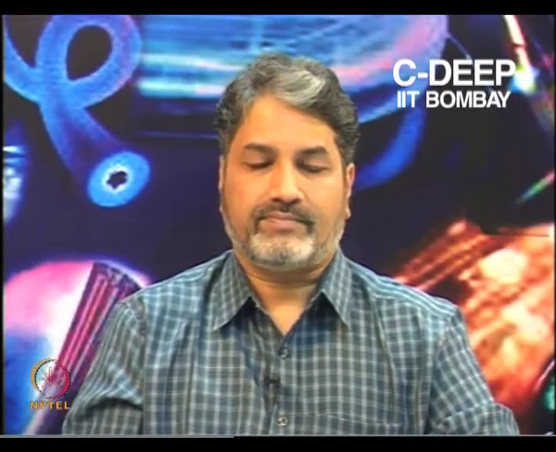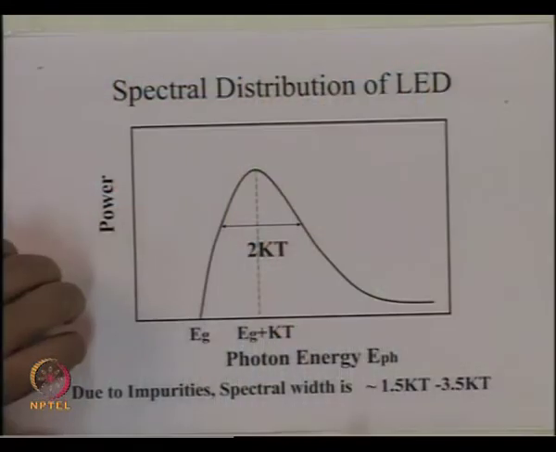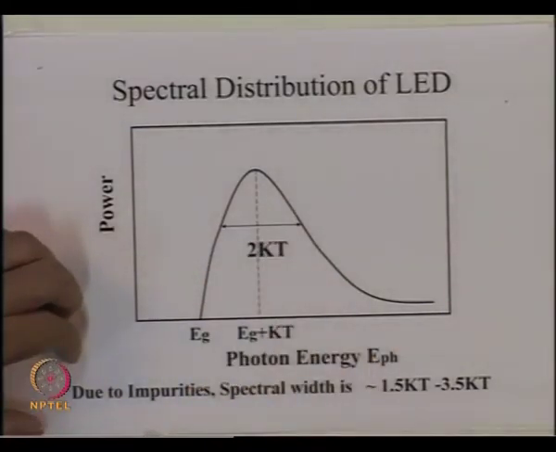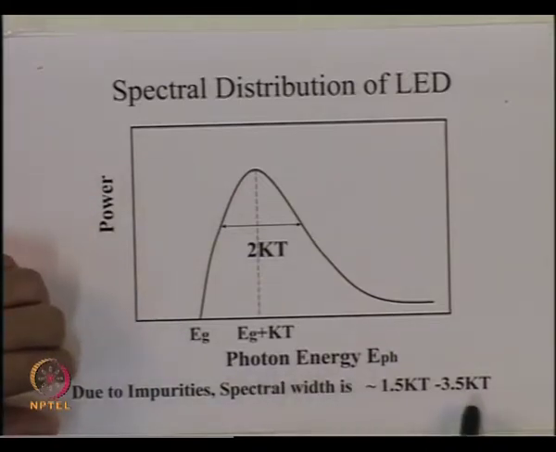So, if we use a light emitting diode as a source for optical communication, then spectral width is decided purely by the operating conditions, which is equal to 2 kT. In the presence of impurities in the material, this may range from 1.5 kT to about 3.5 kT. But again, the thing to note here is that this number is independent of EG.